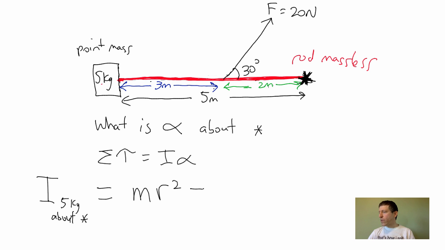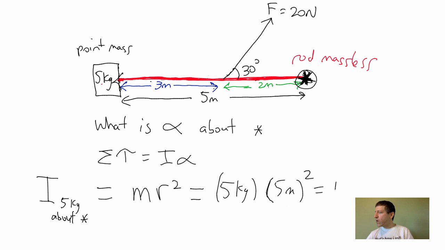Well, if you understand what the rhyme means, the displacement from the axis of rotation, which is right over here, all the way to where the mass is stationed, like that, that is R. So that'll be 5 kilograms times 5 meters, and then you square that quantity. So what I'm getting is 5 times 25 is 125 kilogram meters squared. Notice I got to calculate I before I can do anything else.